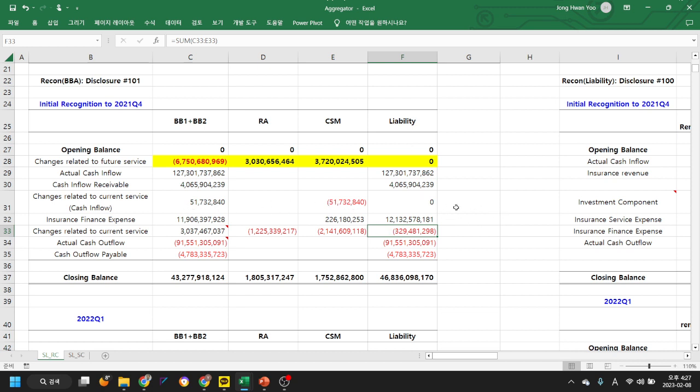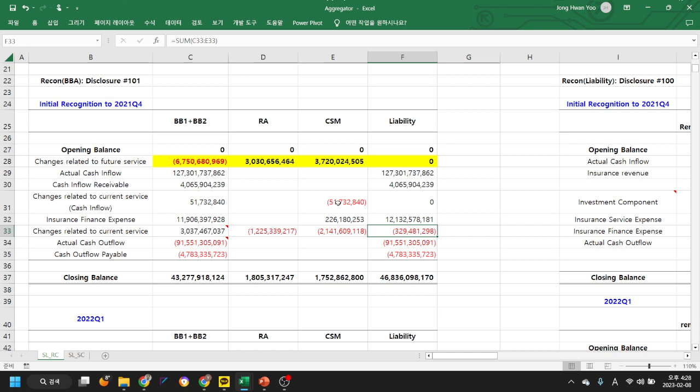But right now, for convenience, this estimate adjustment is coming from the experience adjustment only. But for the period after 2021, if the estimates at the two different points in time, initial recognition and January 1st, 2022, show a difference, that's going to be called the estimate adjustment, and that amount should probably be reflected here. But right now, I just make an assumption that they are the same.